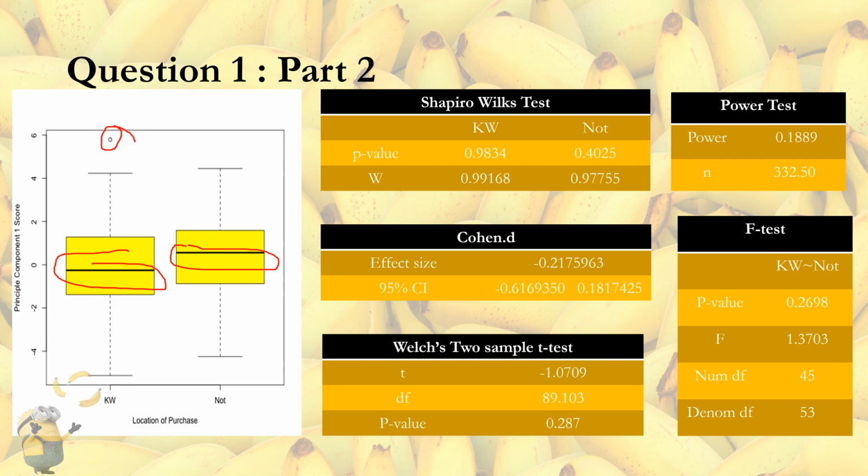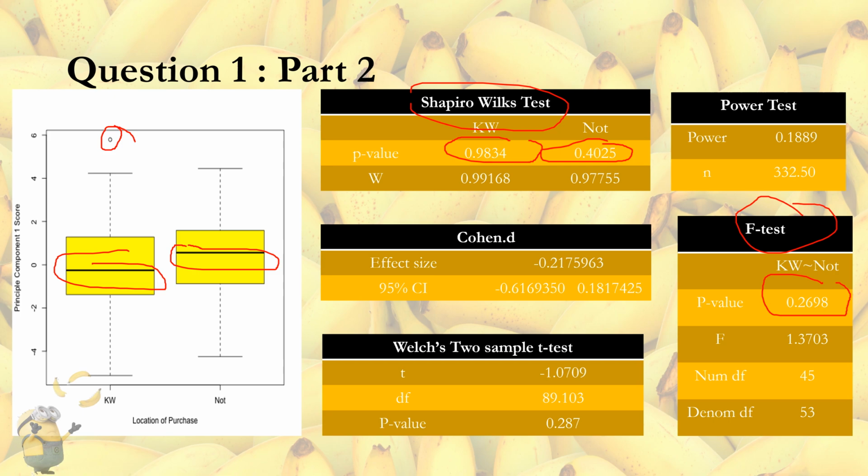Firstly, we did a Shapiro-Wilk test to test for the normality of the two variables. And looking at the p-values that we have here, they're both normal because they're both greater than 0.05. And since they're both normal, I used the F-test to check for variances. And again, the p-value is greater than 0.05, so that means that the variances between the variables are homogeneous.